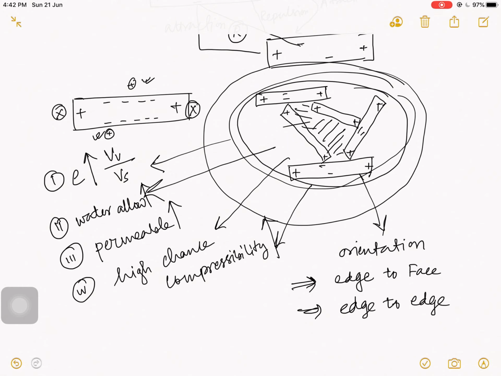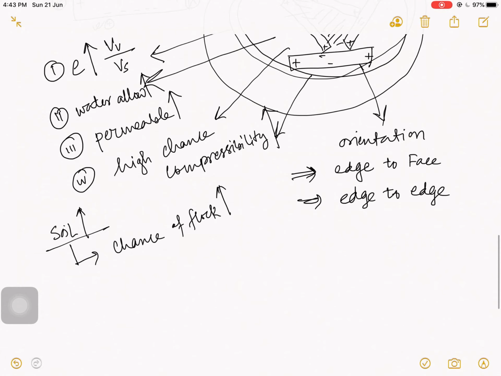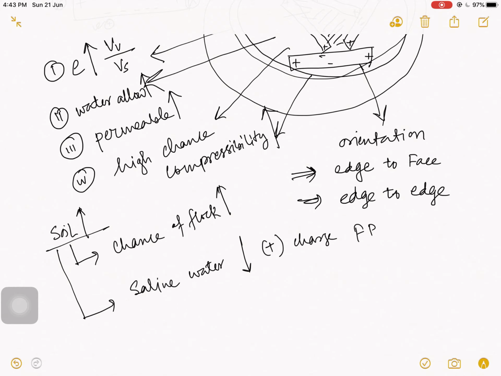In a marine scenario or where soil is highly saline, the chances of flocculation are very high, because saline water reduces the positive charge on the flocculent particle.